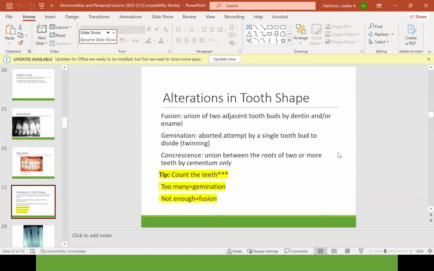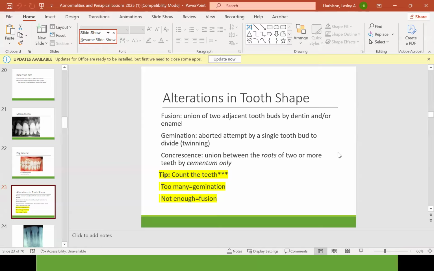So for fusion, you have two independent tooth buds. For gemination, it's an aborted attempt by a single tooth bud to divide. So it was one tooth bud that was trying to divide, didn't work out so well. And so then it just makes it look a little bit abnormal.